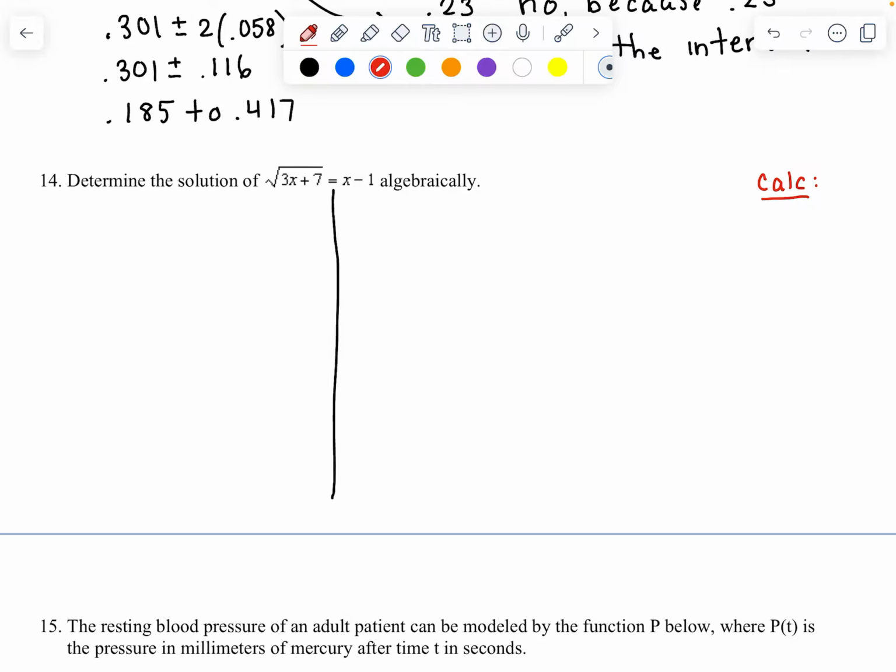So if you can't get the answer the long way, at least you'll get half credit. So I'm going to put the left side into my y equals. I'm going to plug the right side into my y equals. And I'm going to look at my table and see if there's any values that are the same.